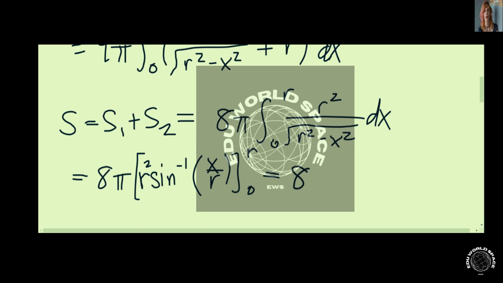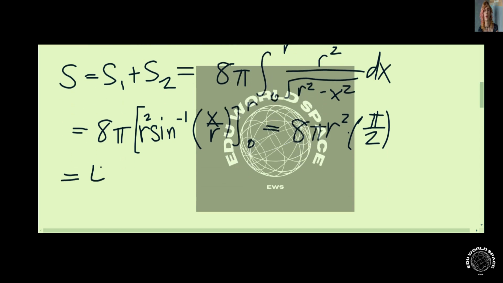And so we get 8 pi r squared times inverse sine of 1, which is pi over 2, minus inverse sine of 0, which is 0. And so we have 4 pi squared r squared.